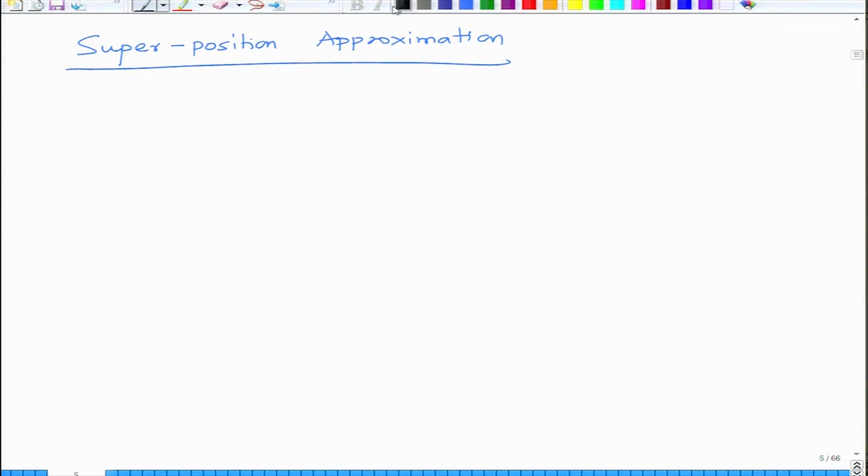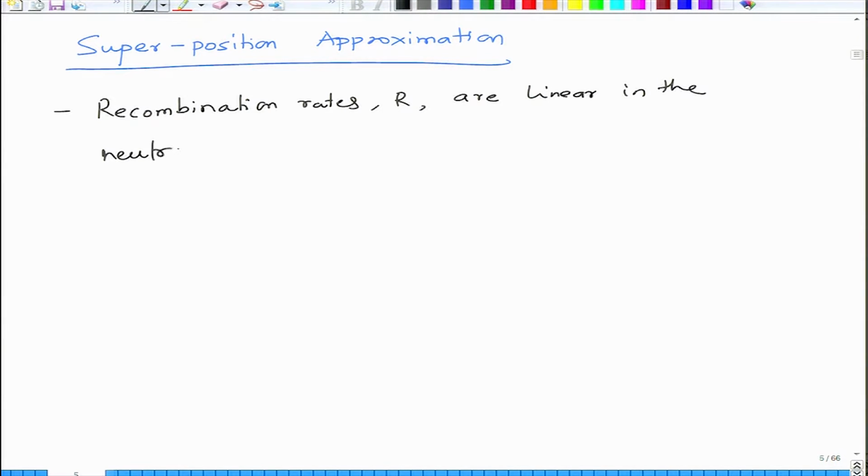This basically means that the recombination rates, Rn or Rp, are linear in the neutral regions. Neutral regions are the ones where the electric field is 0, so the neutral region is the bulk region.